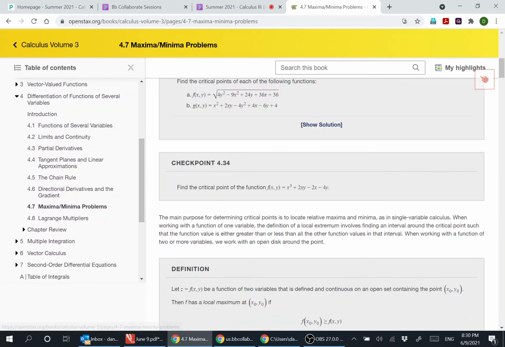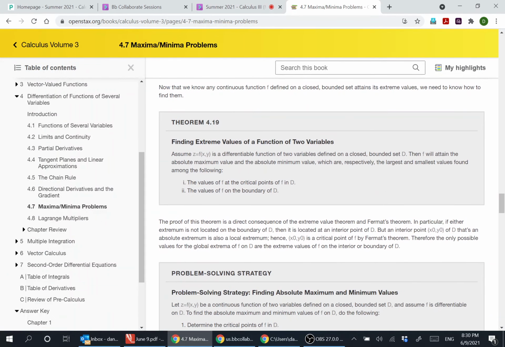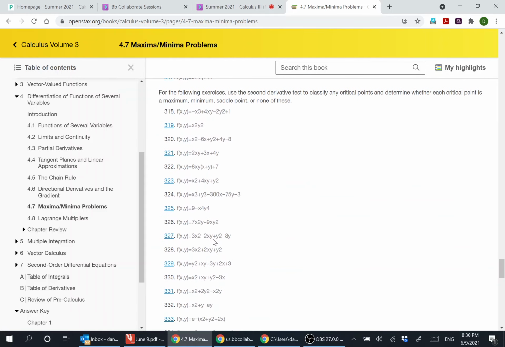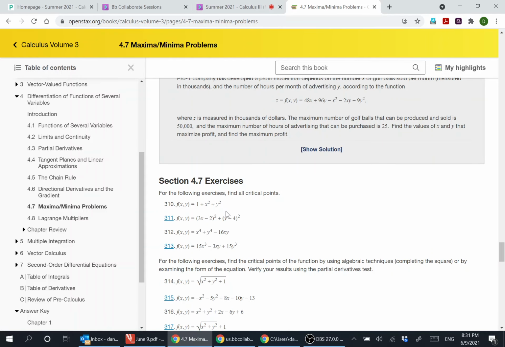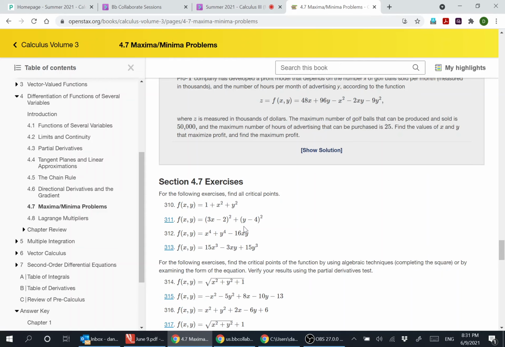So the first one is number 311. So for the following exercises, find all of the critical points.